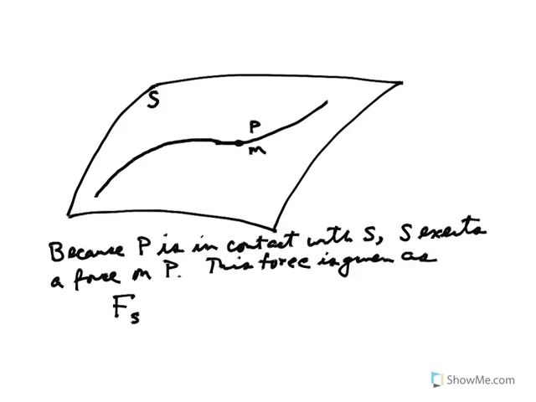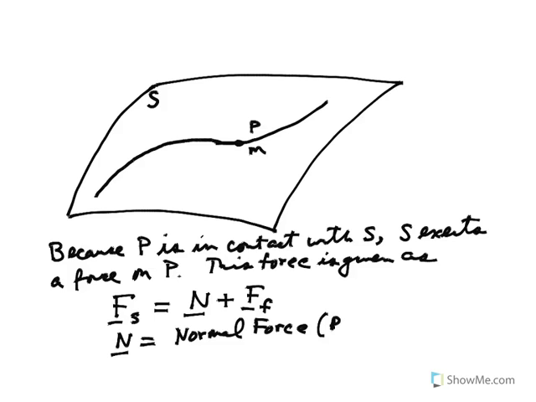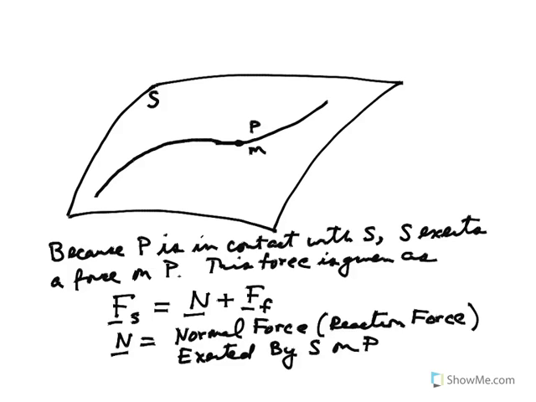We call it Fs, which is the force exerted by the surface on the particle, and it's decomposed into 2 forces, N and F sub F. N is what's called the normal force. It's also called the reaction force exerted by S on P. And F sub F is what's called the friction force.